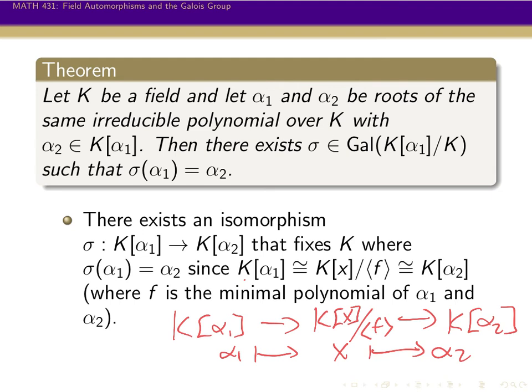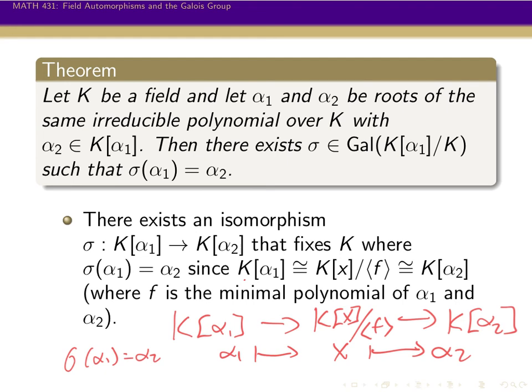So composing these two isomorphisms together, we end up with this map sigma that sends alpha 1 to alpha 2. So we do have an isomorphism that sends alpha 1 to alpha 2.